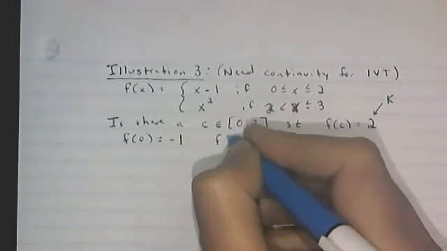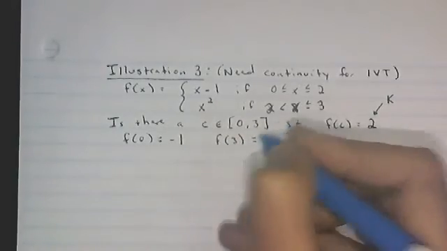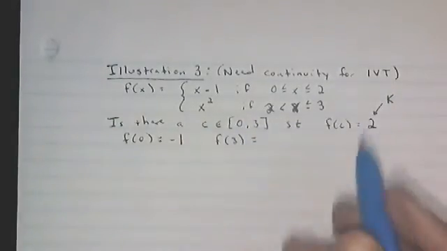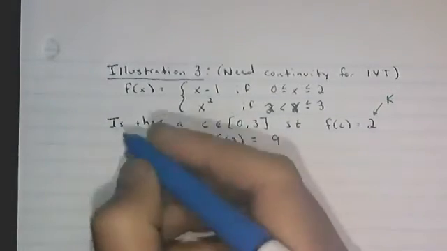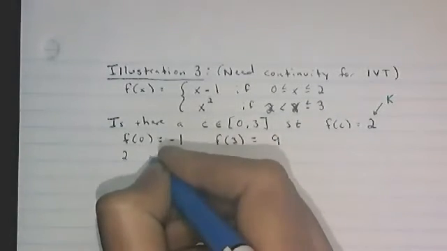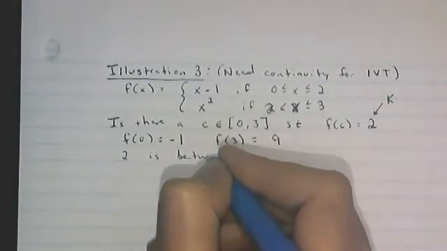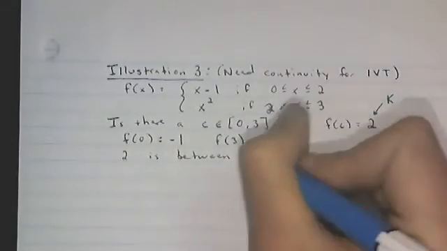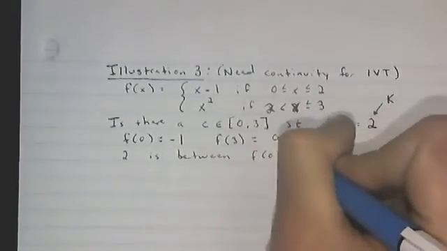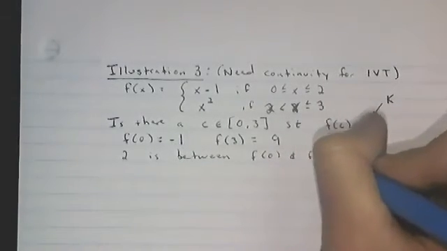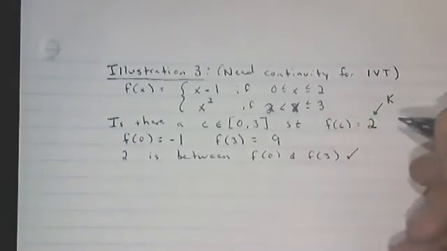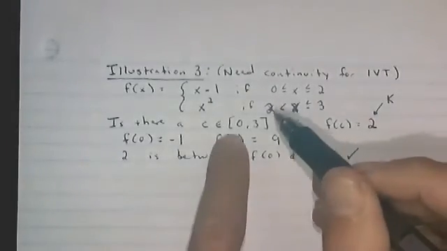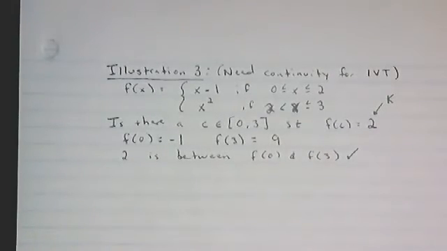And f of 3, we're now in this piece, is equal to 9. So 2 is definitely between -1 and 9. So it's between f of 0 and f of 3. So that condition of our IVT is met, that we have an appropriately chosen value of k that is actually in between these function values.